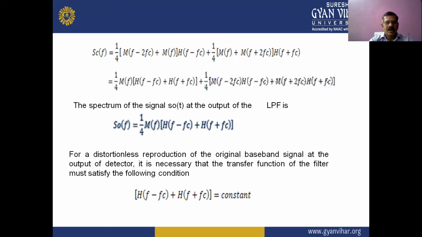For a distortion-less reproduction of the original baseband signal at the output of the detector, it is necessary that the transfer function of the filter must satisfy the following condition: H(f - fc) + H(f + fc) equal to constant.